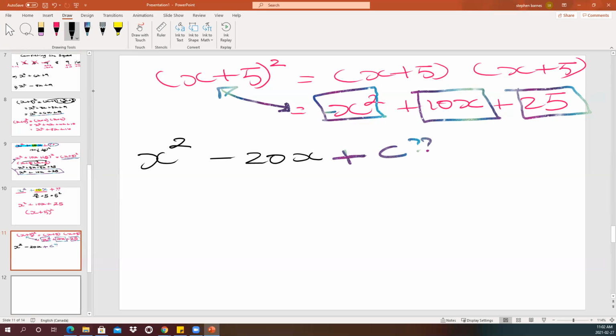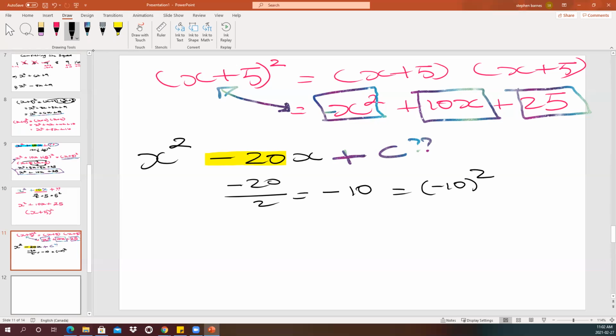Great. And so how we find the C value, we find the coefficient of B. In this case, the coefficient of B is negative 20, and we half that coefficient. So negative 20 over 2 is going to give you negative 10. And then you square it, negative 10 squared, that is your C value.